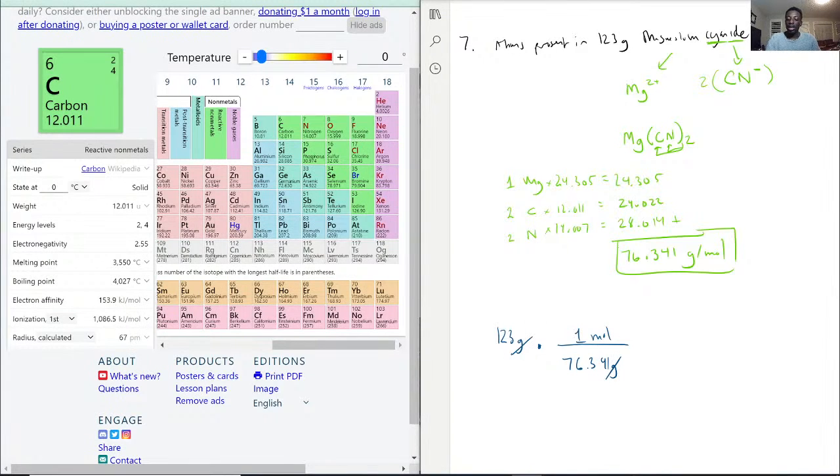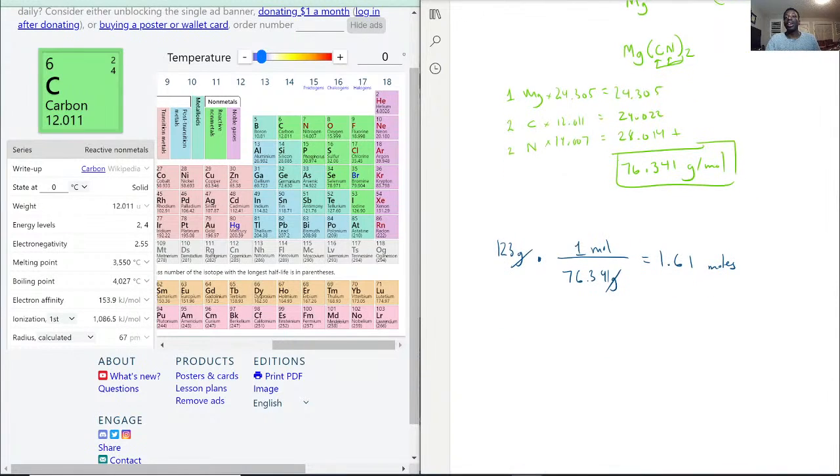So with that being said, we divide 123 by that answer we got, the 76.341, and we get that we have around 1.61 moles of the magnesium cyanide.